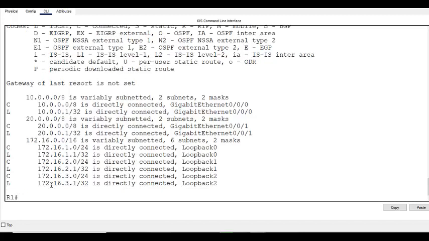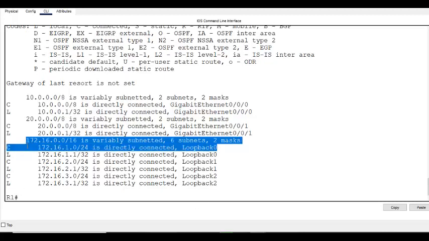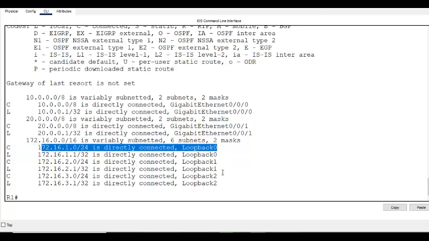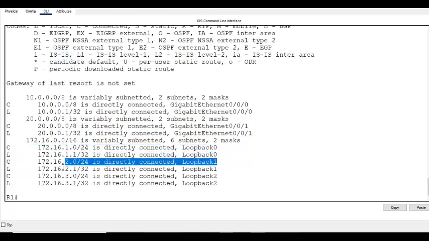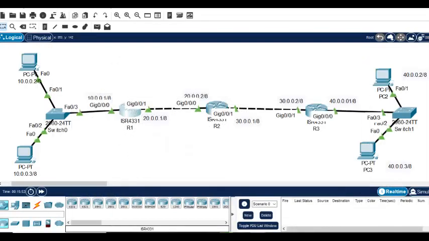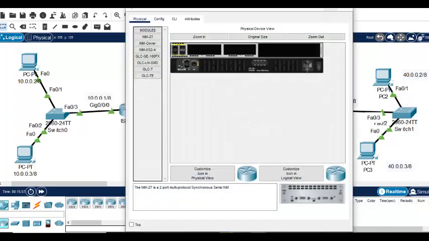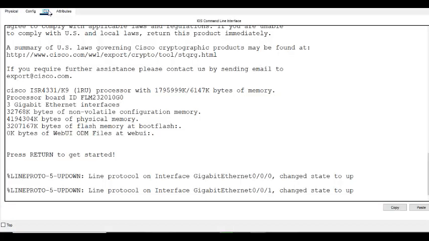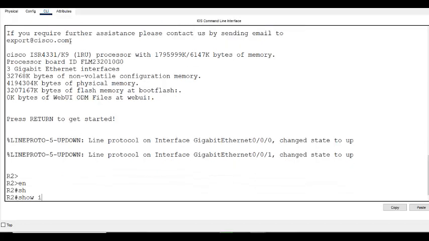Yeah. Now, next, we will go here and remove the static route before we move to EIGRP. Show IP route. So these two static routes I'm going to remove. The easy way to remove a static route is this. You type show running, and you see, these are the two static routes you wrote.